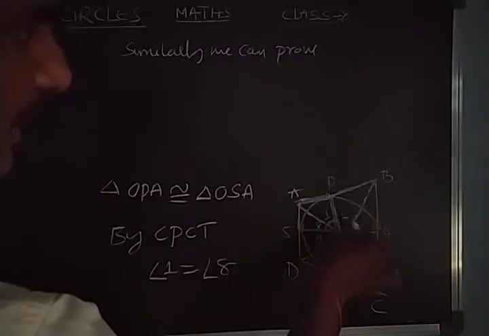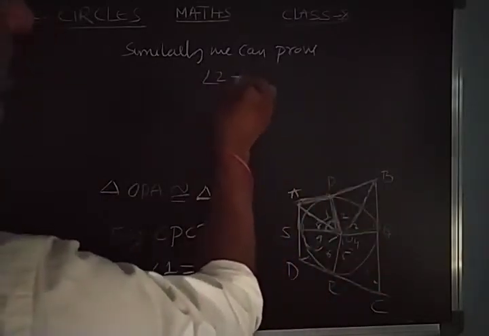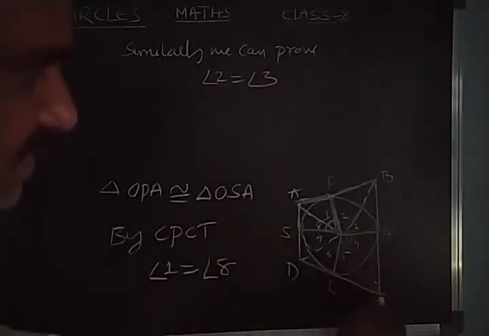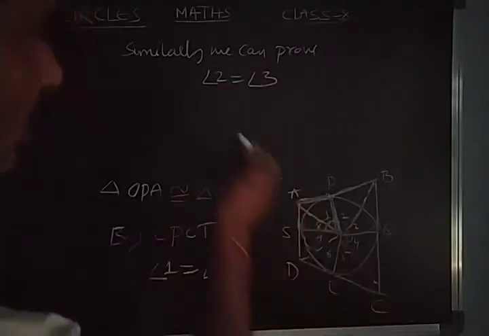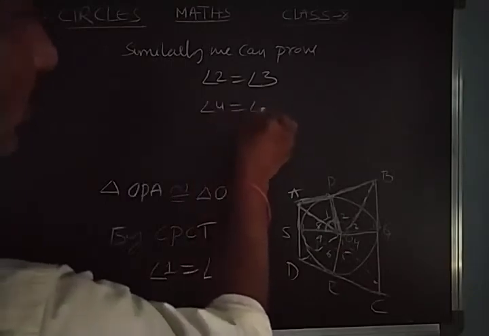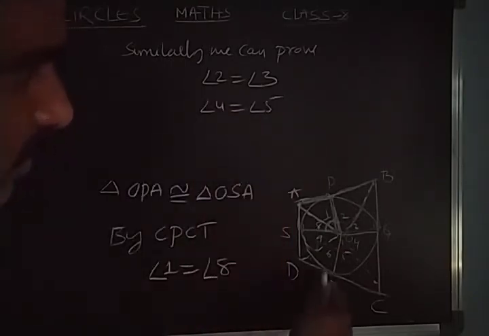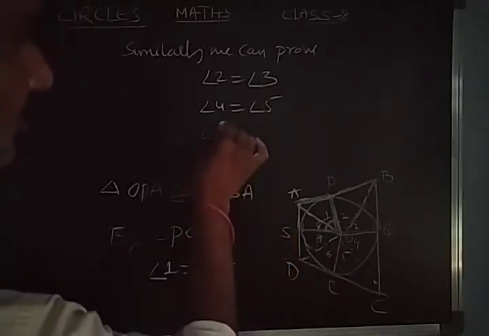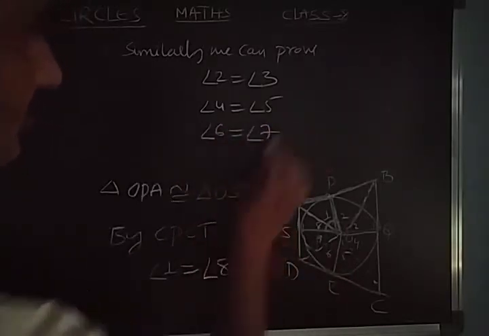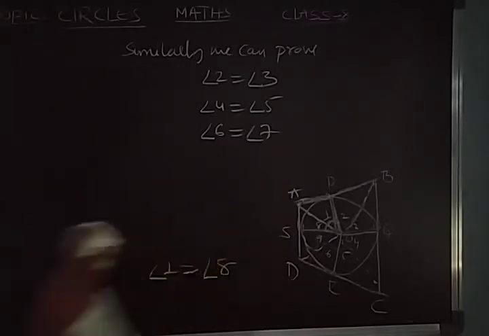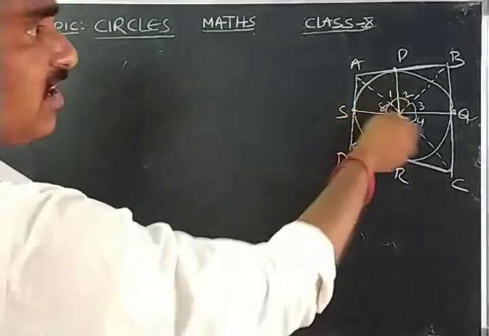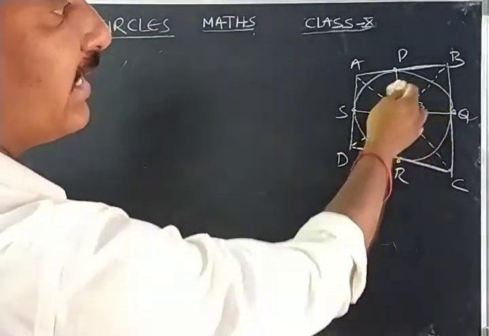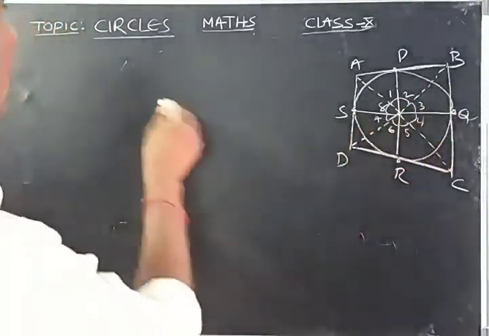Next, if you consider these two triangles, angle 4 equal to angle 5. Now if you consider this figure, angle 6 equal to angle 7. Now by adding all the angles inside the figure, the sum of all the angles will give 360 degrees, right?